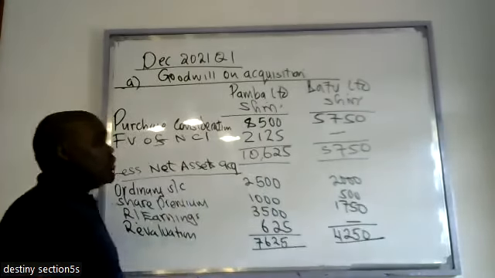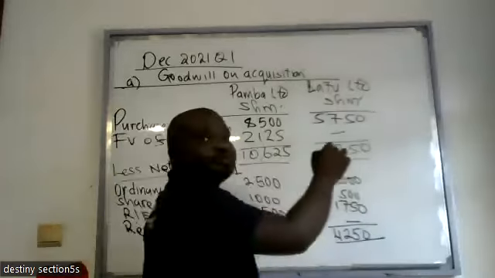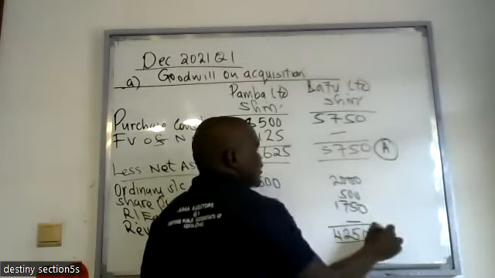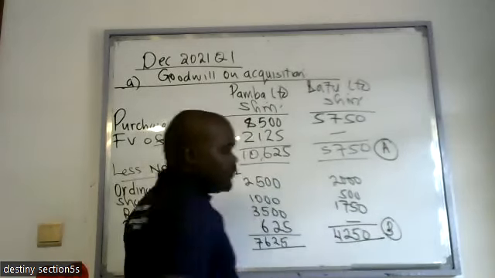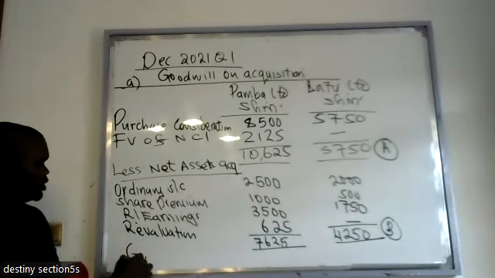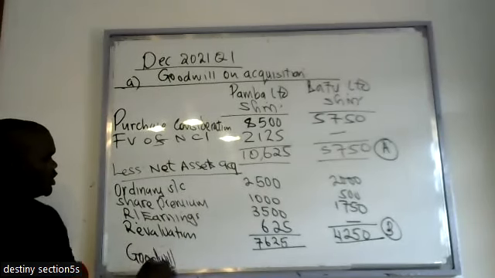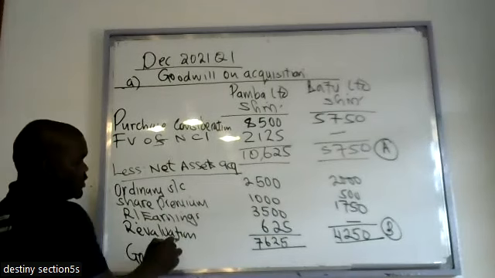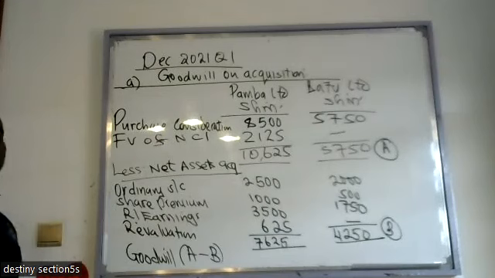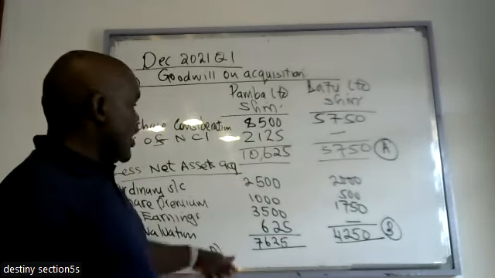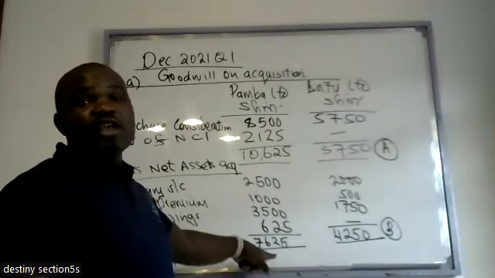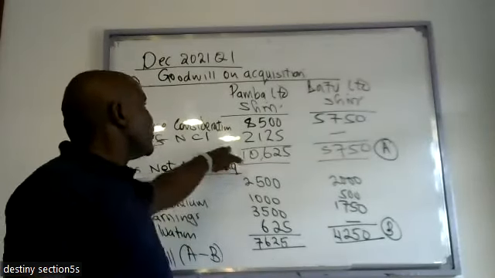So now, call this one here, the first one, let's call it A, and this is B. Therefore, goodwill will be the difference between A minus B. Here, the parent was having 80%, but I'm not taking 80% of net assets because it is full method.